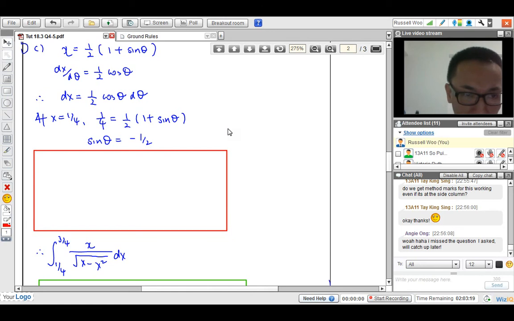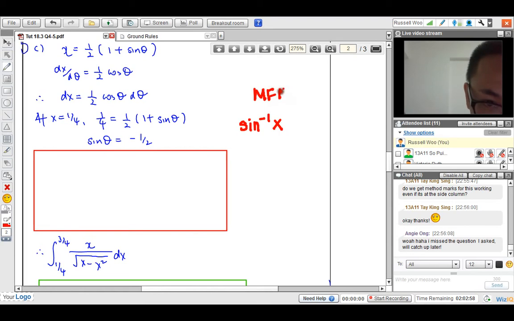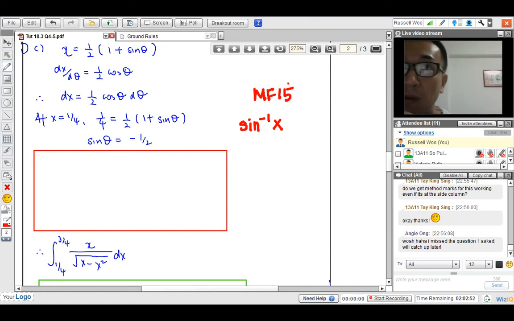So now at this point, I want to point all of us to how do we find theta in this case, and theta must fall within the principal range. From your MF15, just 1 second while I try and look out for MF15.